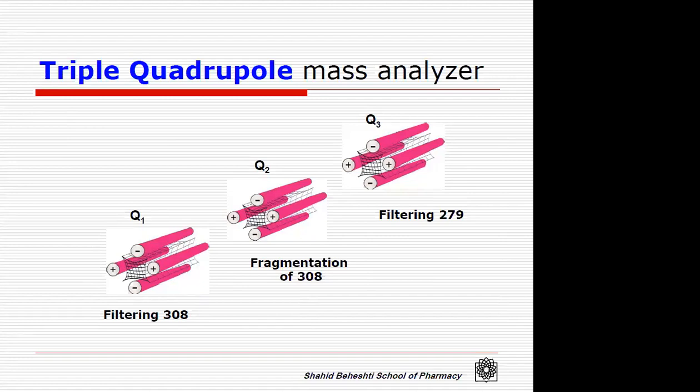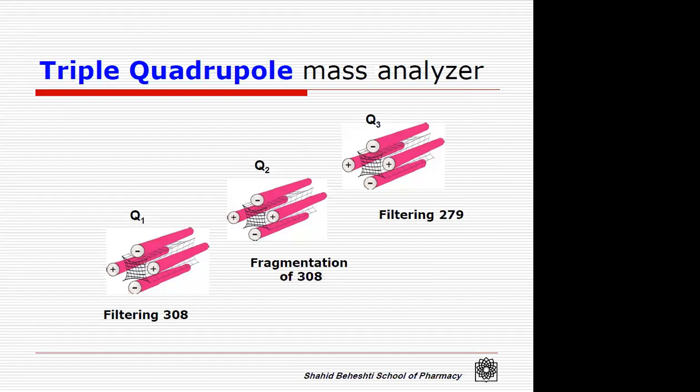Let's say we have the molecule that I showed you in the previous slide. And that molecule has the capability of losing a nitrogen molecule and changing to the fragment which has the molecular weight of 279. If we have two compounds which are passed through Q1 together, one of them is compound A, the other one is compound B. Compound A is our target, the compound that I showed you in my previous slide.